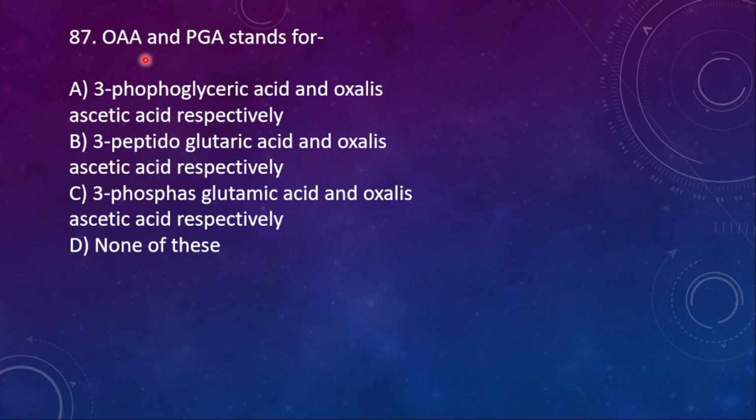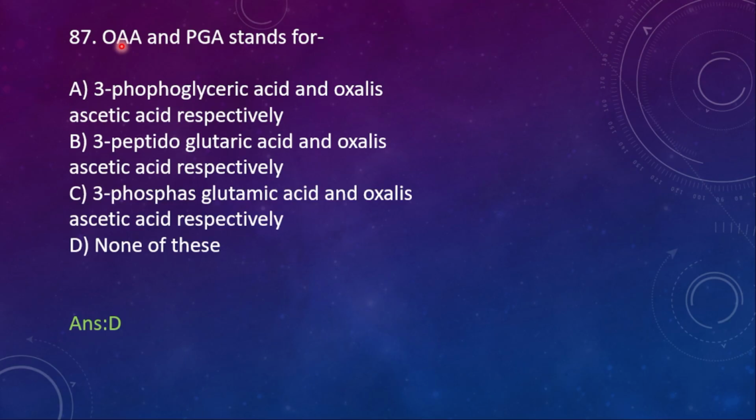87. OAA and PGA stand for option A, 3-phosphoglyceric acid and oxalo acetic acid respectively. B, 3-phosphoglutaric acid, no. Phosphoglutamic acid, no. So here the right option is none of this.